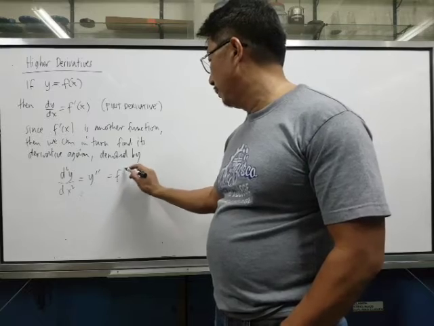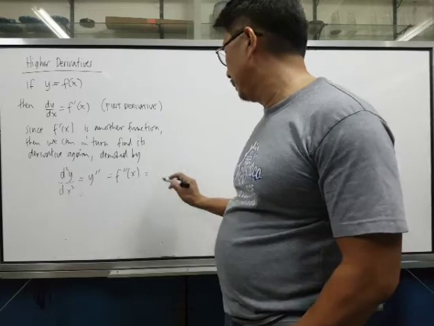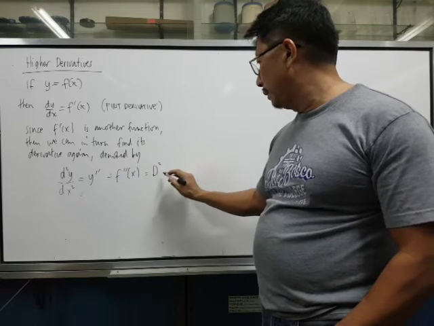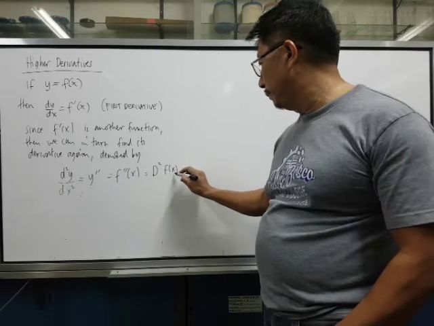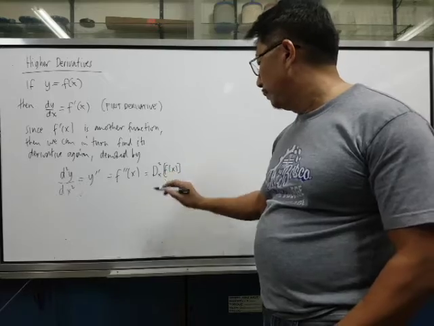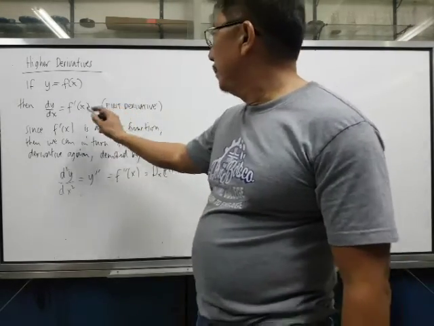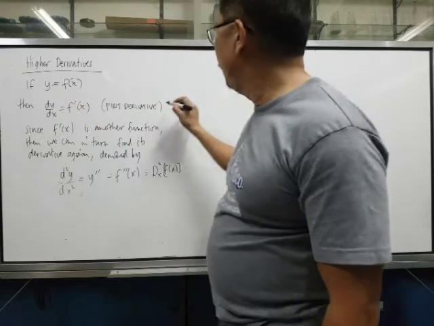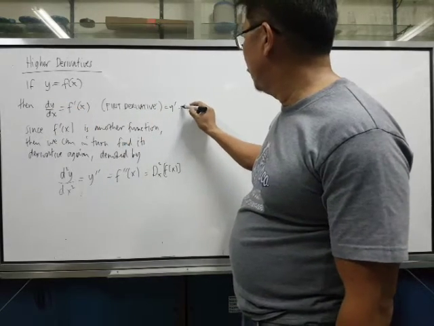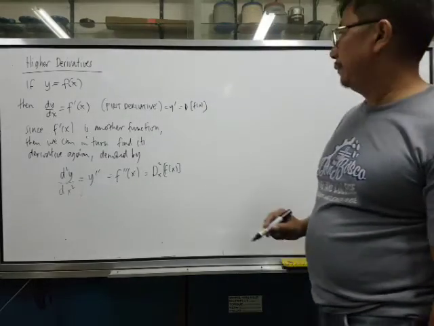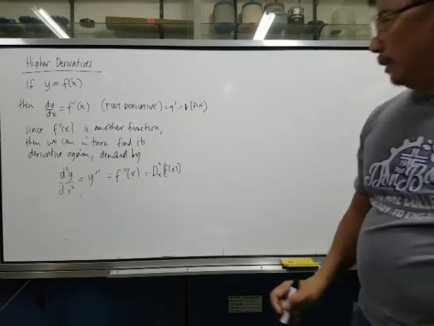This is also denoted by f double prime of x, which is the second derivative of our original function with respect to x. Okay, so the first derivative, as usual, we have learned the previous notation. This is equal to y prime, or the derivative of f of x. So that was the usual notation.